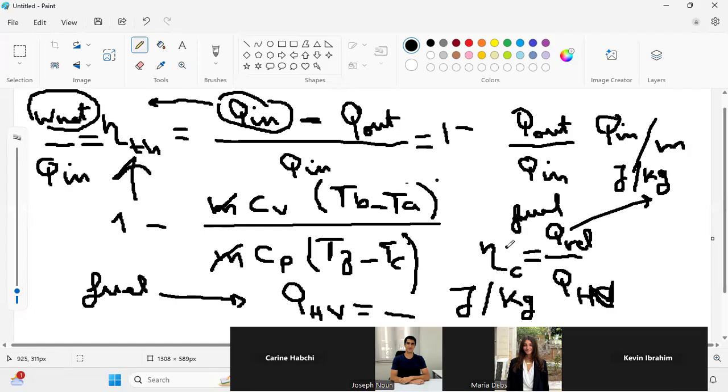Since the efficiency is given, and we calculated Q released as Q input per unit mass in joule per kilogram, we can compute the heating value.